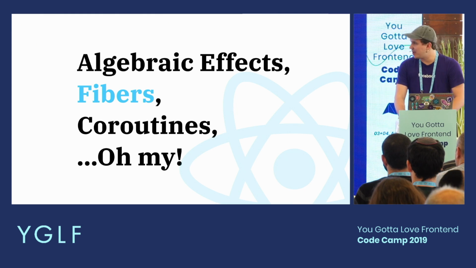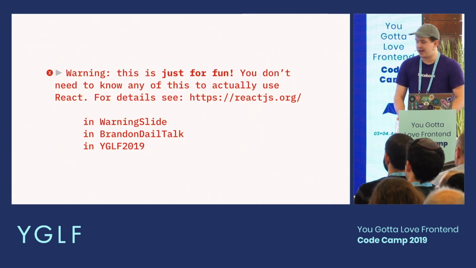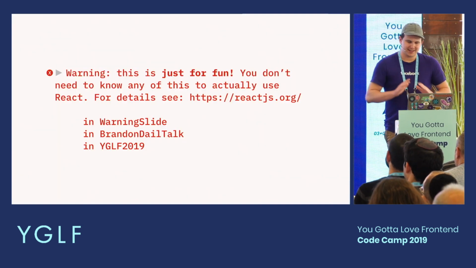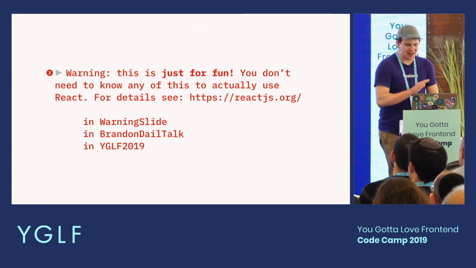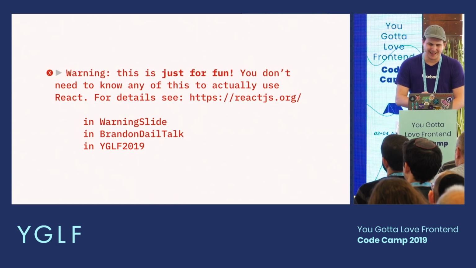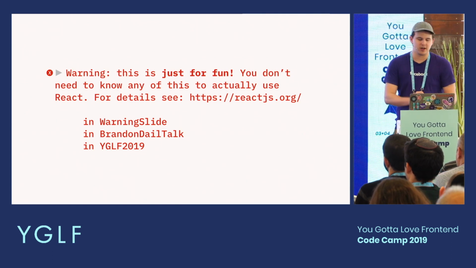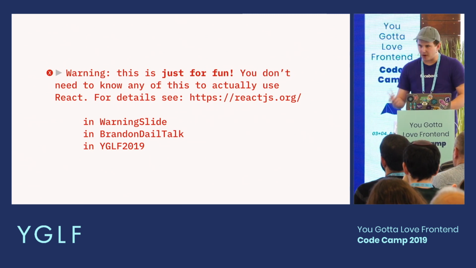So I know that academia, computer science has kind of a scary reputation, so I want to follow React's lead here and give you a helpful warning a little bit ahead of time, and that is, warning, this is just for fun, so you don't have to know what any of this is to actually use React. So the concepts that we cover today are going to be sort of mostly internal, things that are hopefully opaque to most product developers.